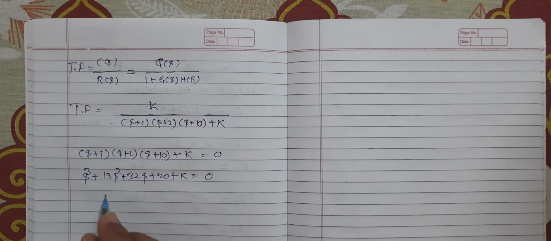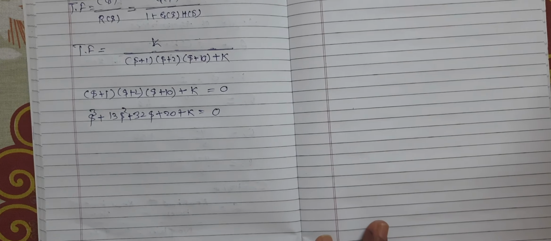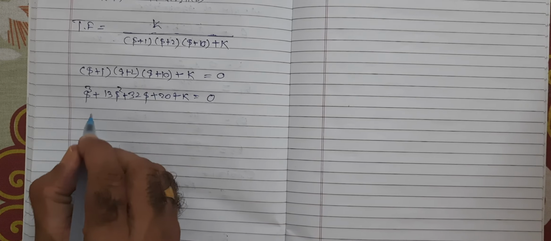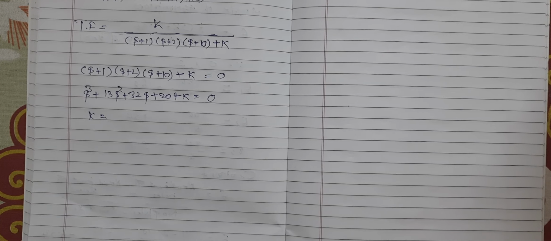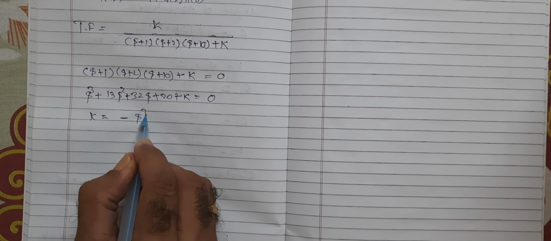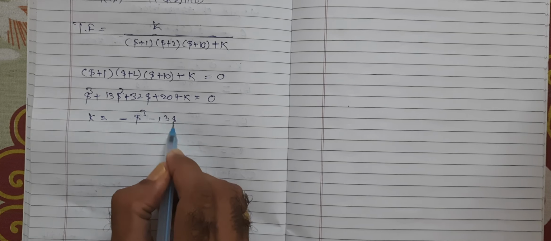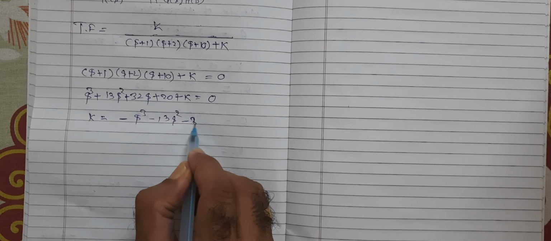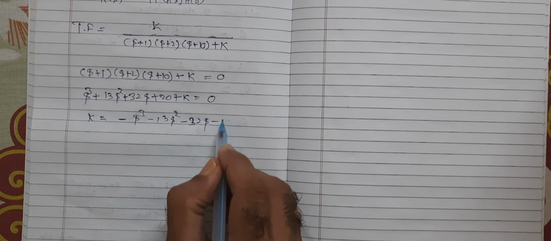Now we can find out the k. K is equal to -s^3-13s^2-32s-20.